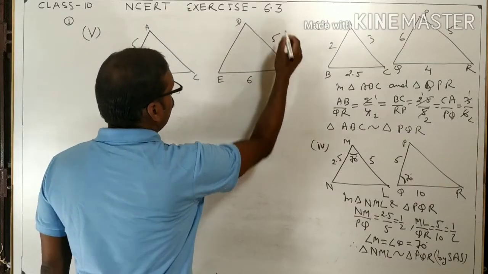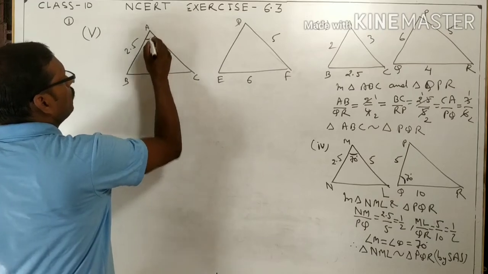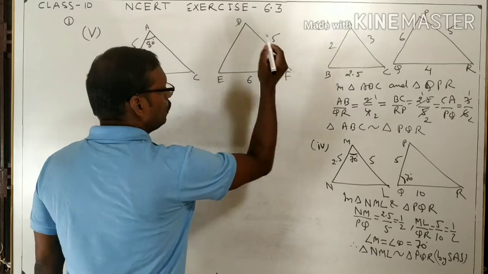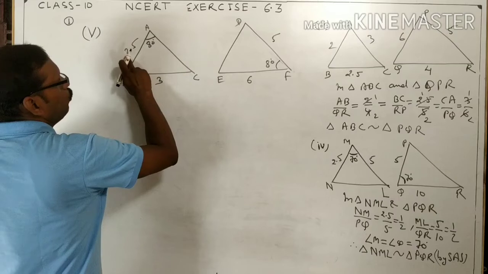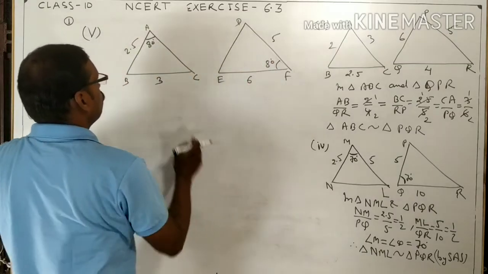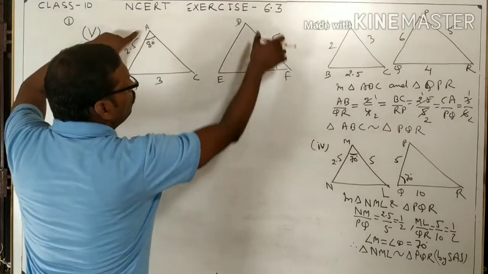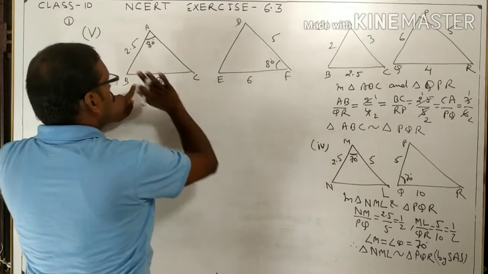The angle is 80 degrees and this is 80 degrees at F. So we see that 3 to 6 and 2.5 to 5. The ratio of AB to DF and BC to FE are the same, 1/2.